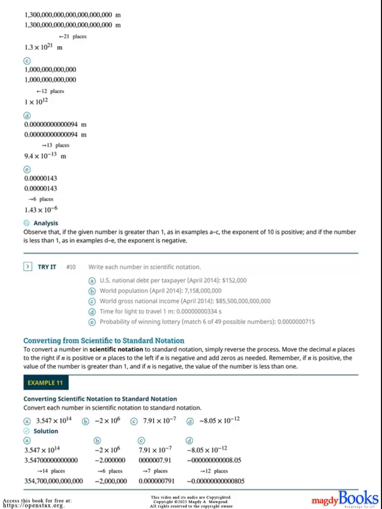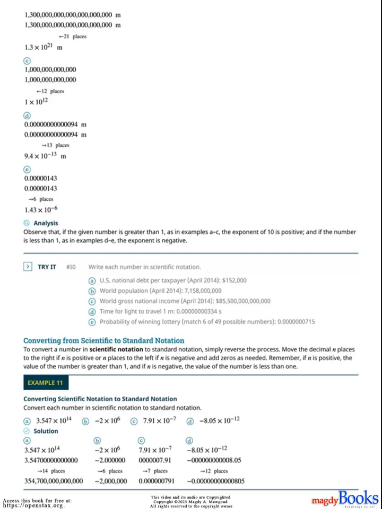D. Time for light to travel 1 meter, 0.00000000334 seconds. E. Probability of winning lottery, match 6 of 49 possible numbers, 0.00000000715.